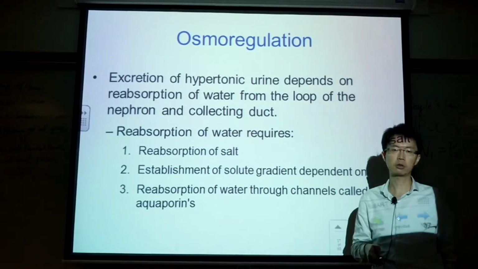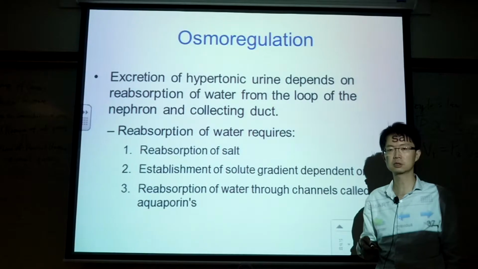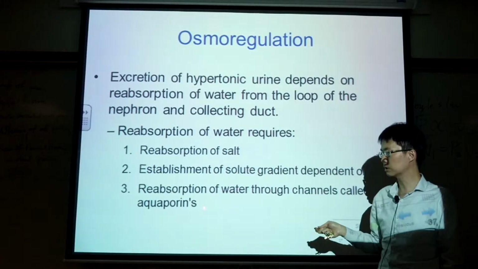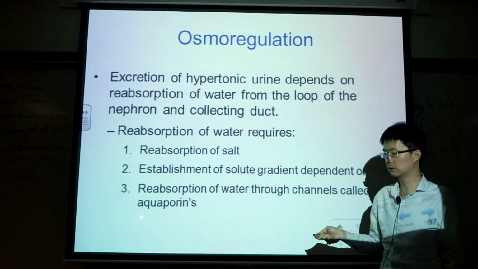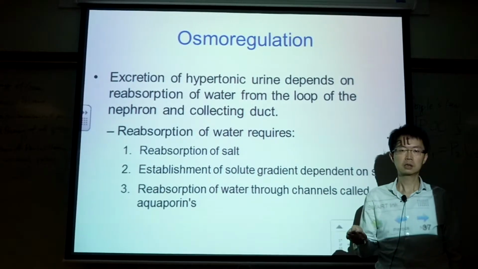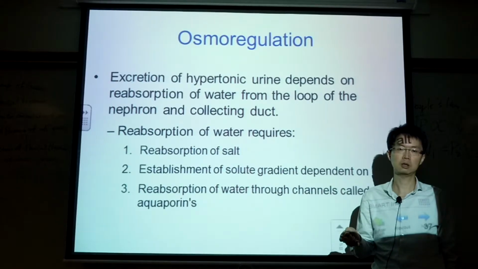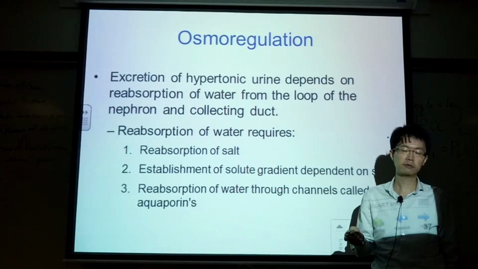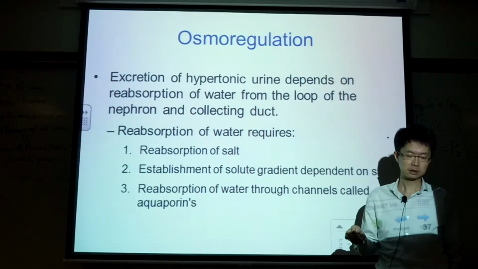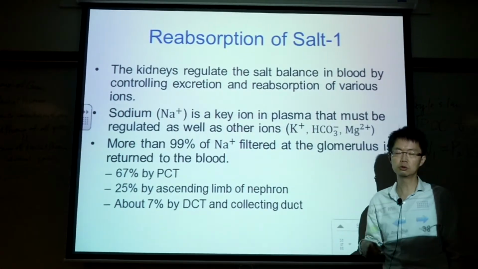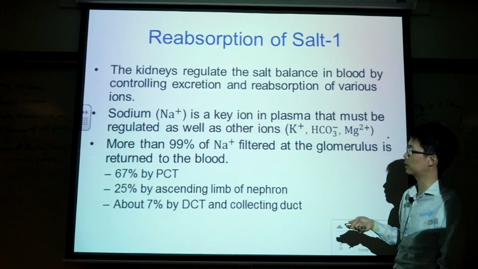So water molecules, theoretically, cannot go through the cell membrane. But fortunately, most cell membranes contain this common protein channel called aquaporin. Aquaporin is a specialized protein channel for transportation of water. We can find this aquaporin in most cell membranes. That's why water can do osmosis in most cell membranes.